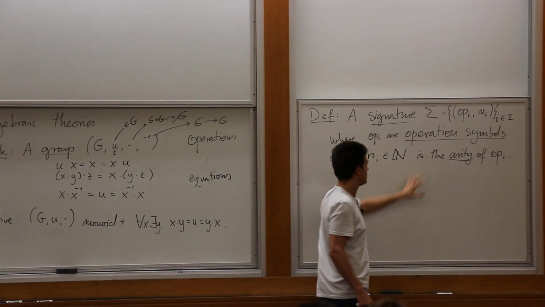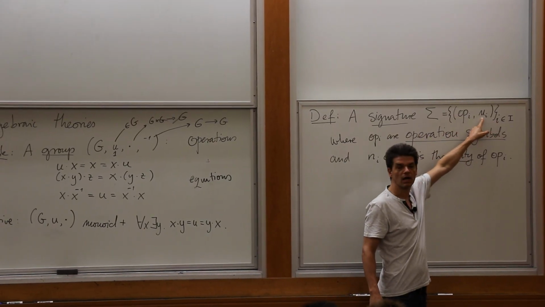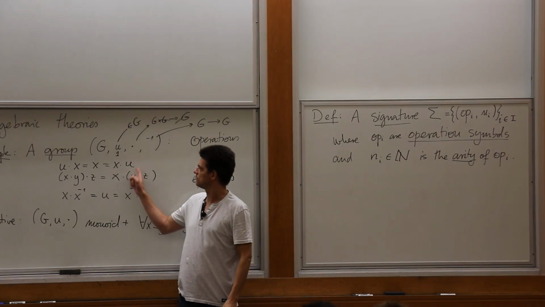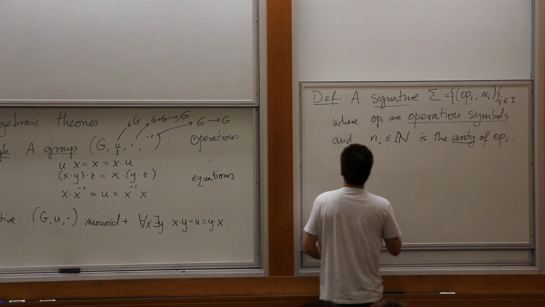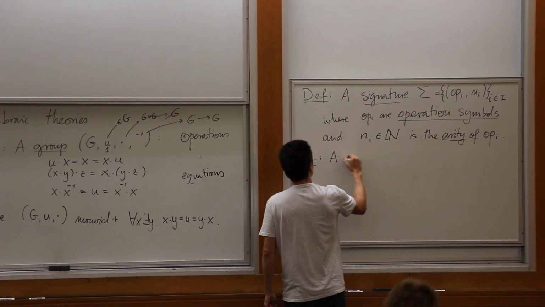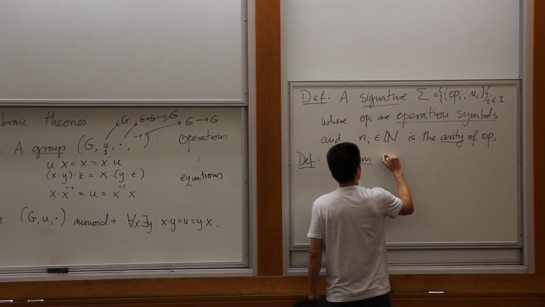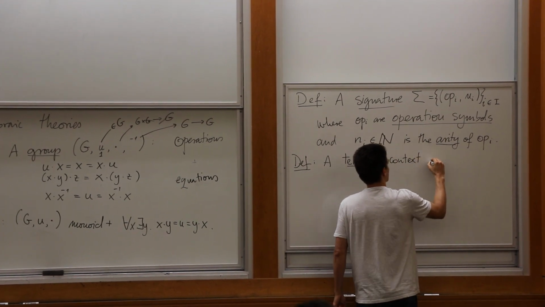Now, once I tell you what operations are available, and I tell you their arities, then I can explain what it means to build one of these expressions. So let's do the next thing, a term in context x1, ..., xn.